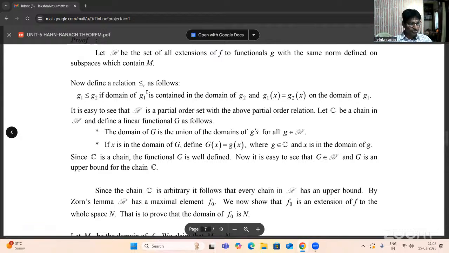It is easy to see that the set of all extension functionals, script B, is a partially ordered set.